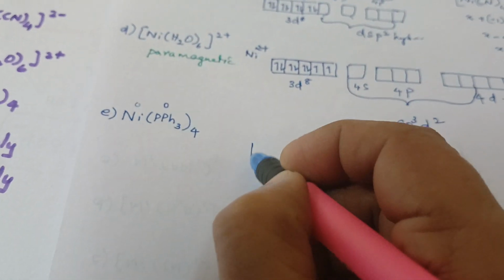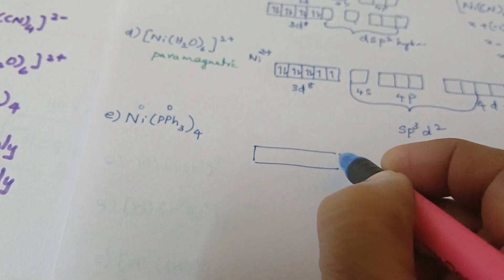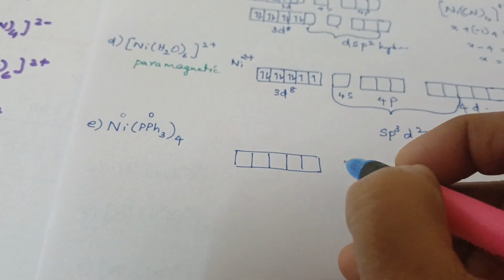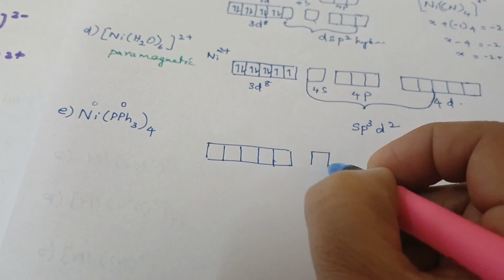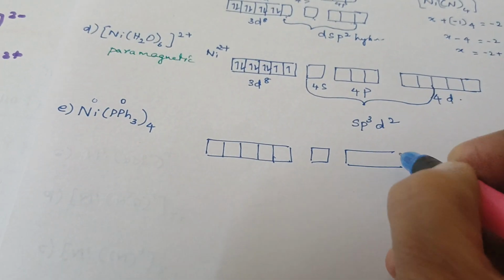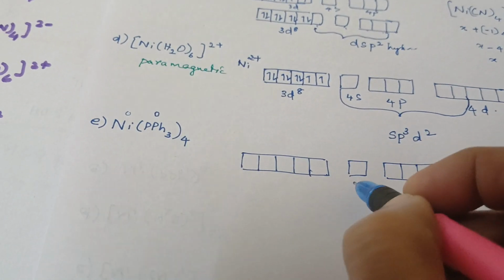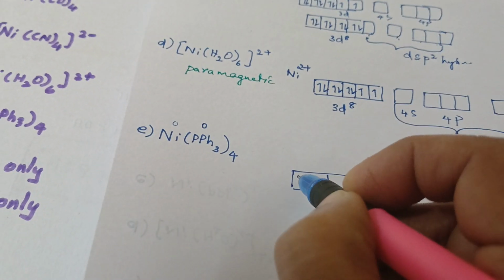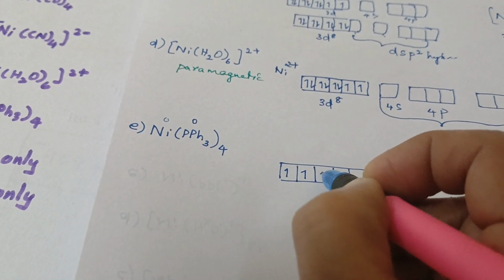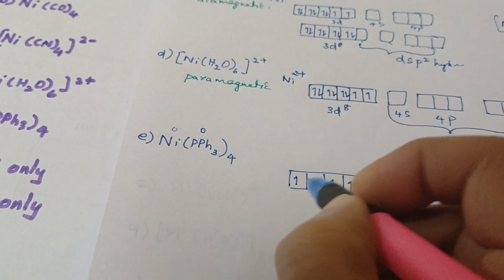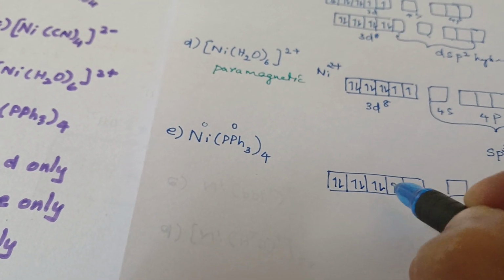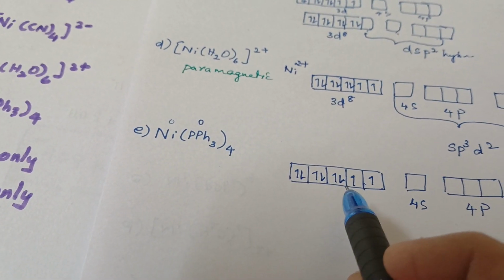So the configuration will be like this. This much is the 3d8.